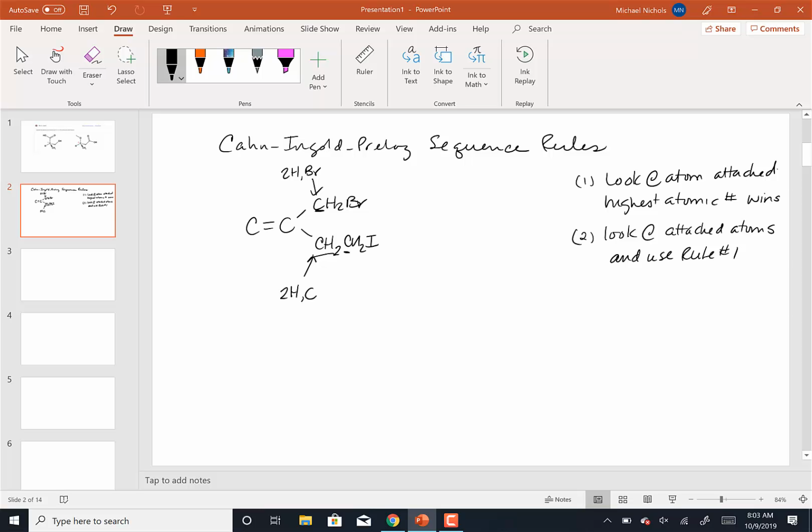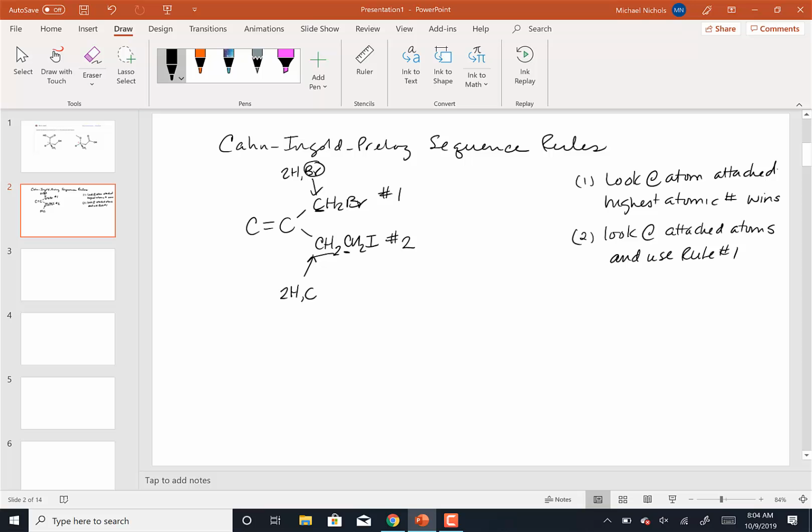And if there is an atom that has the singular highest priority, it wins. So in this case, bromine wins the priority for this group, and that would be the number 1 priority group, and the CH2I would be the number 2 priority group.